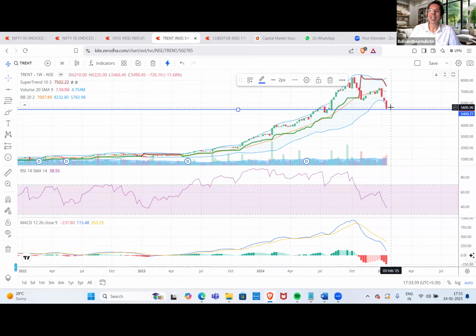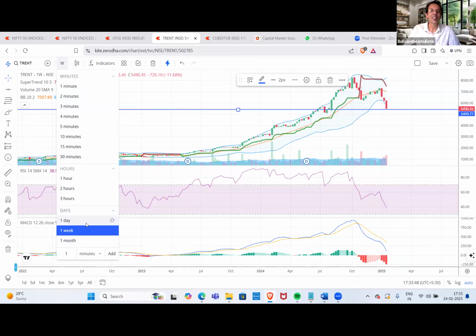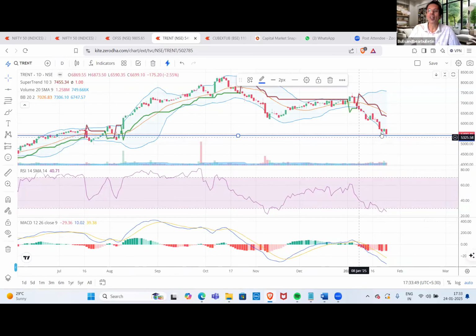Let the green candle be visible one more time. And look for a day breakout on the channel. See, right now it's going down like this. You will see a good big green candle here.